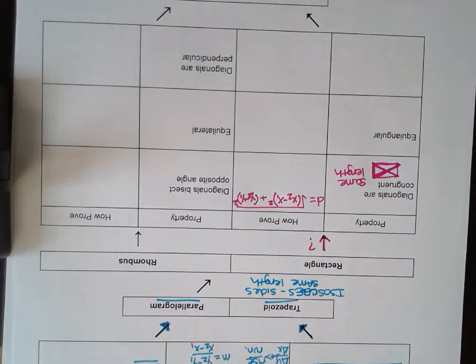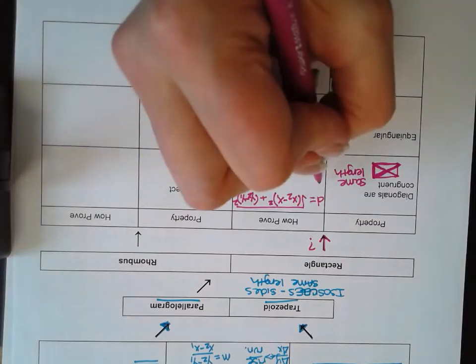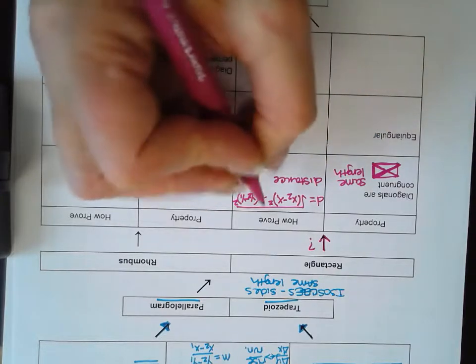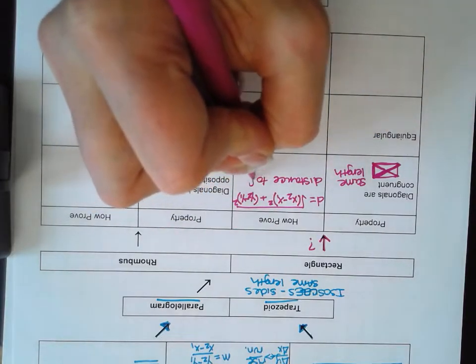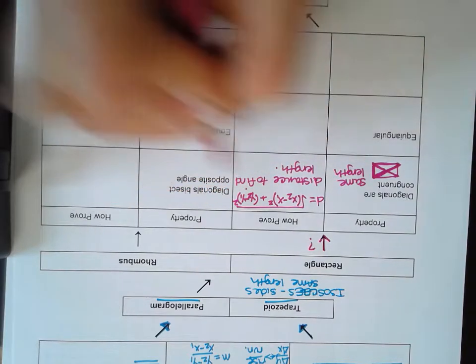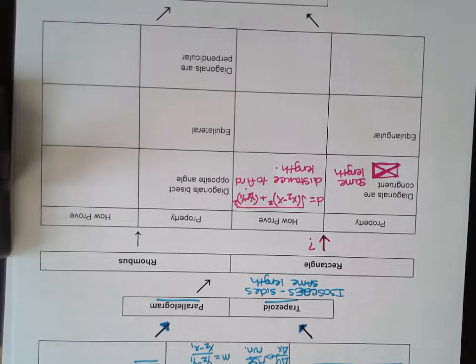Perfect. So you can use the distance formula to find the length of the two diagonals. If both diagonals have the same length, then they're congruent, and then it's a rectangle.